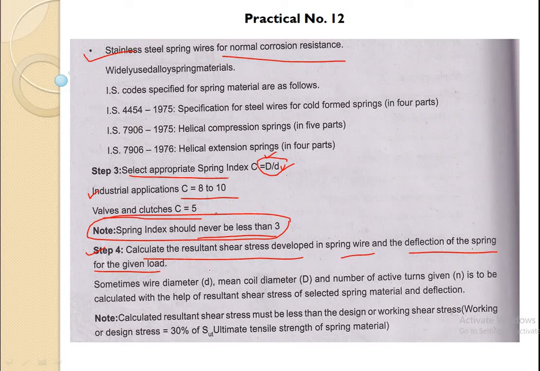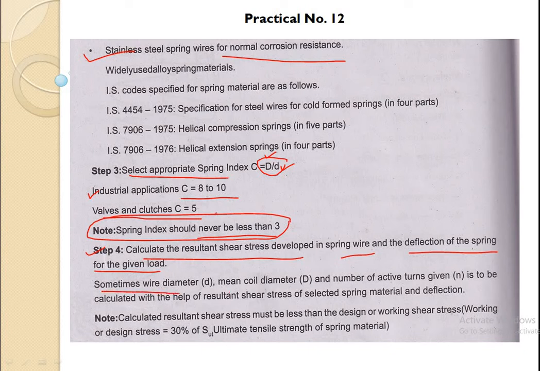So by taking into account both these equations, we have to calculate the resultant shear stress which is developed in the spring wire as well as the deflection of the spring which is caused by the application of load. So these two values are most important before actually going into the design of the spring.